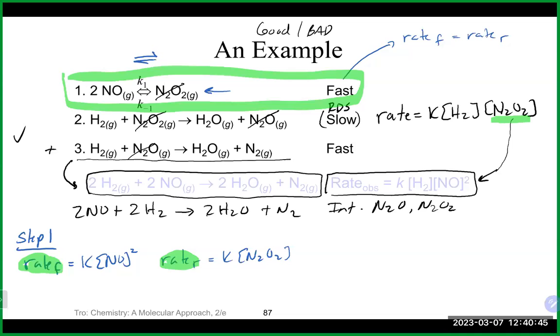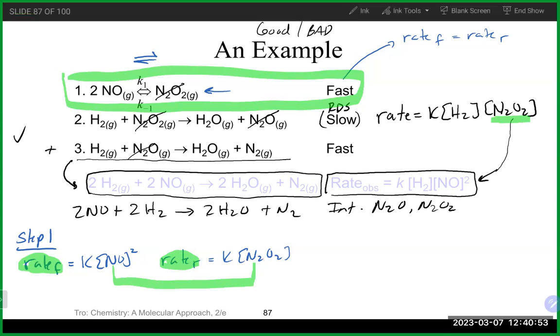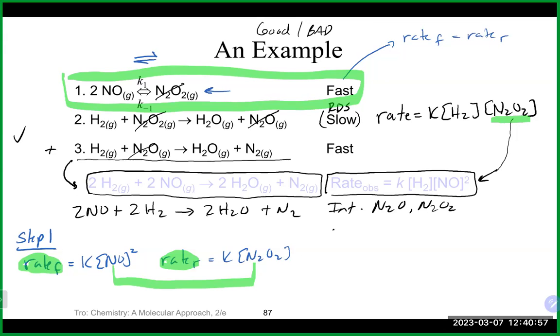That is important because that would then allow me to take the other part and set them equal to each other. And that's what I could do in this case. I could set both of those things equal to each other. And that would give me K NO squared is equal to K N2O2. The goal here is to get rid of what thing in our original rate law up here?